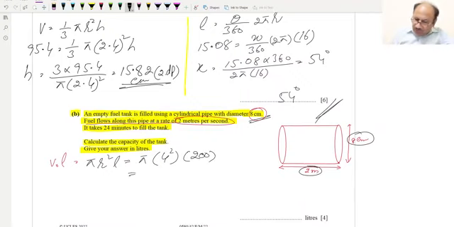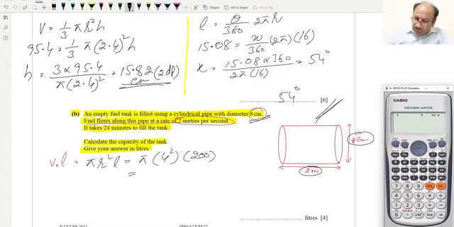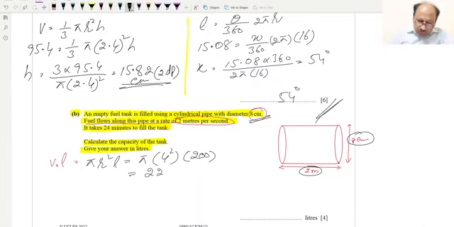Now we can calculate this: 4 squared into 200 is equal to 3200 pi centimeter cube.